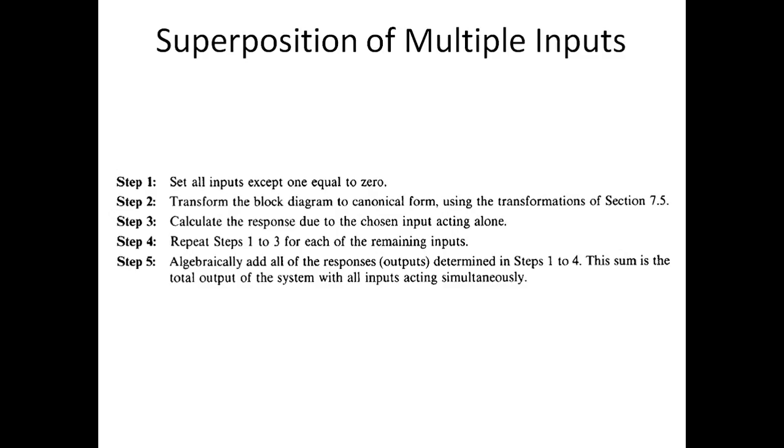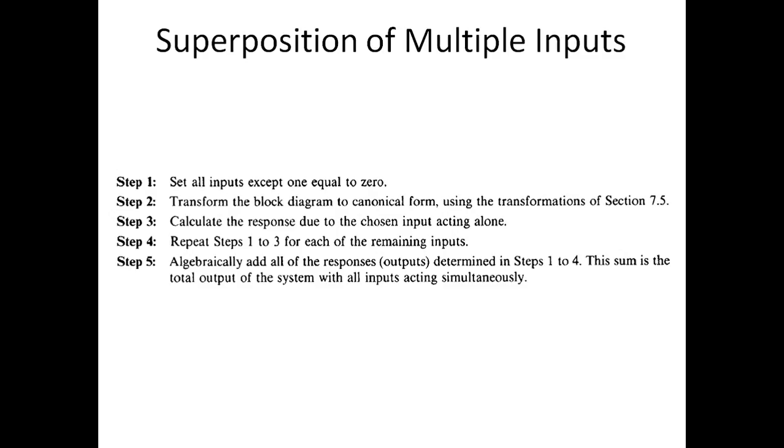Then step 2 is transform the block diagram to canonical form. In all the earlier sums we studied how to convert different block diagrams into canonical form. So according to that, just convert into canonical form and get the response. Then step 3 is calculate the response due to the chosen input acting alone. So by using these 3 steps, we can calculate the response due to a particular input.